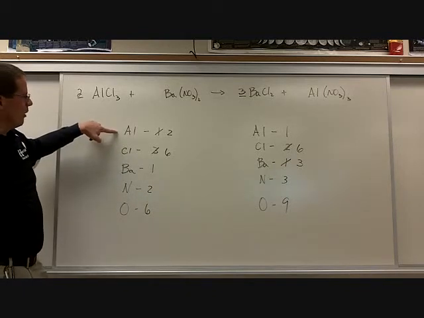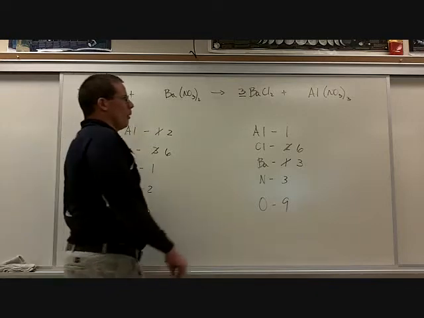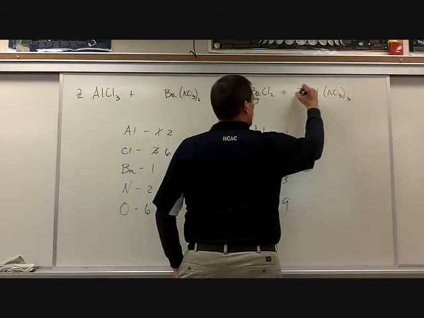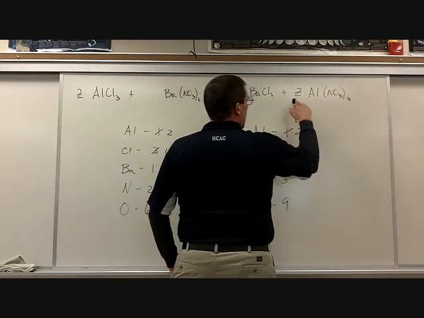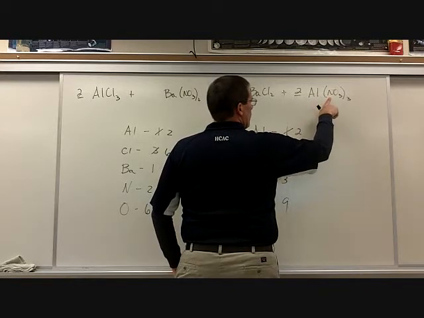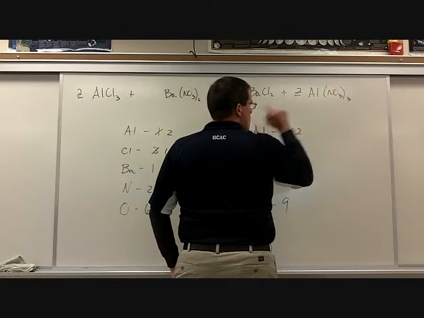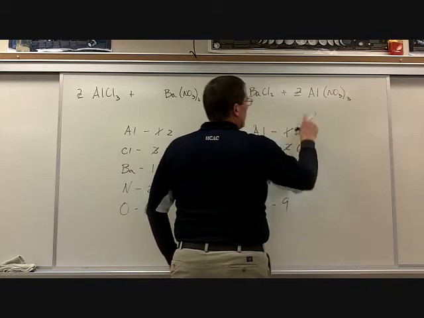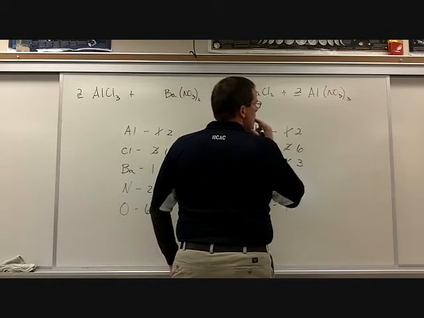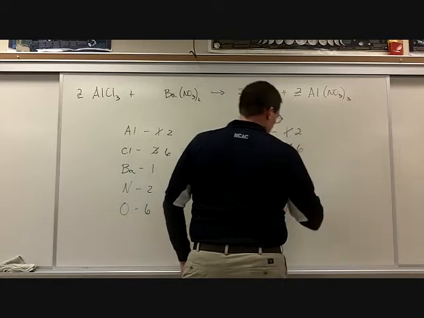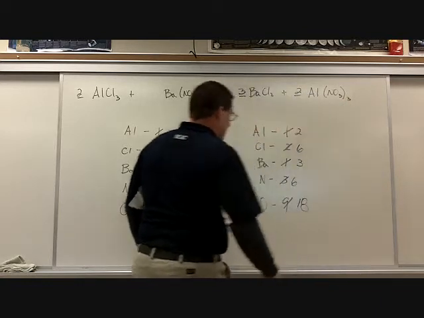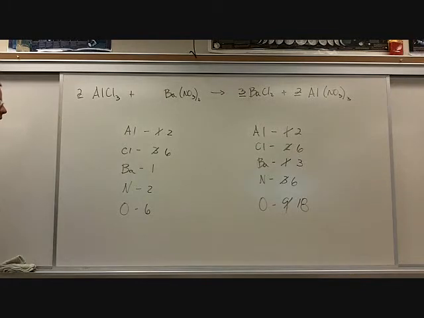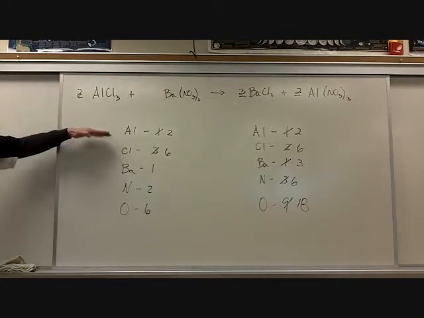Let's get the aluminums to be the same. How can I get 2 aluminums on the right? 2 there, good. So now how many nitrogen do I have? 1 times 3 times 2 is 6, good. How many oxygen do I now have? 18. 3 times 3 times 2 is 18, good. Alrighty. The aluminums are good, the chlorines are good.